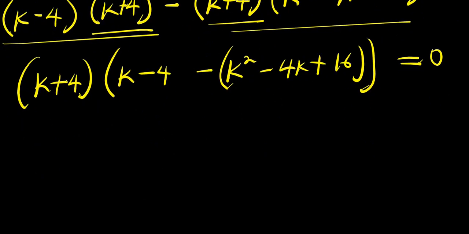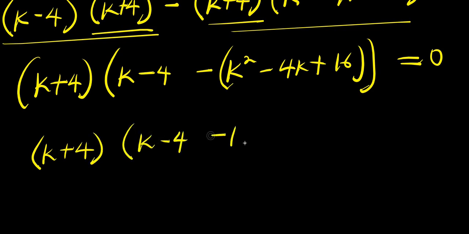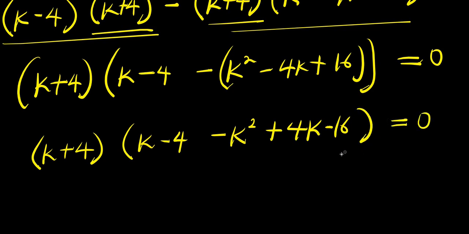So from here, let's use this to expand this. I have k plus 4 times k minus 4. This is minus k squared plus 4k. This is minus 16 equals 0. So from here, what I'm going to do will be to rearrange this.